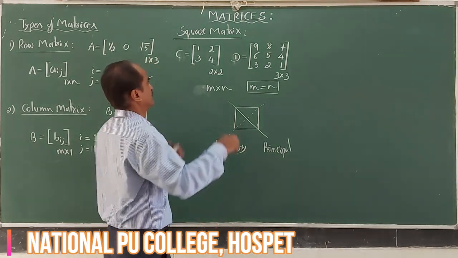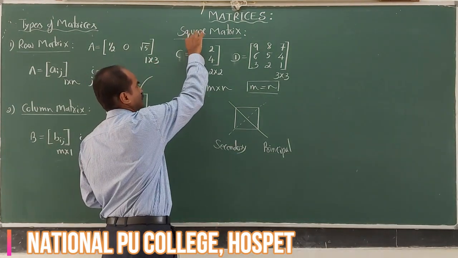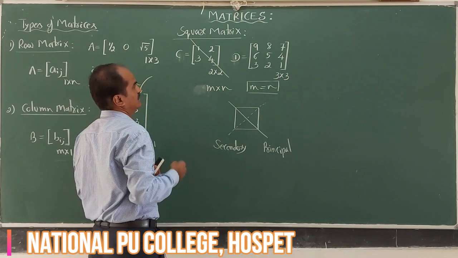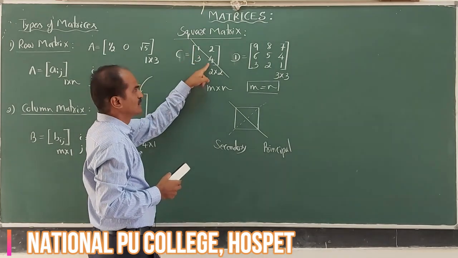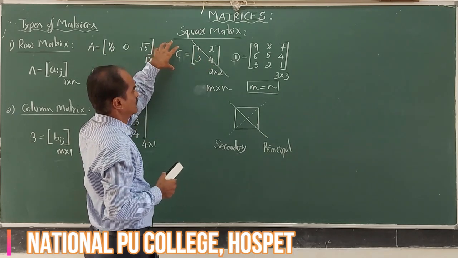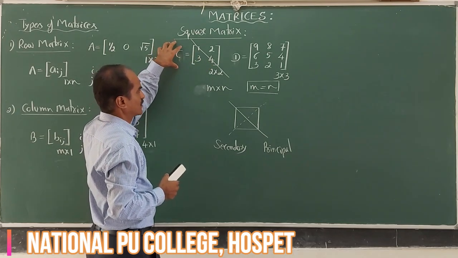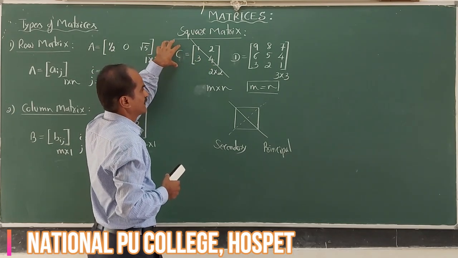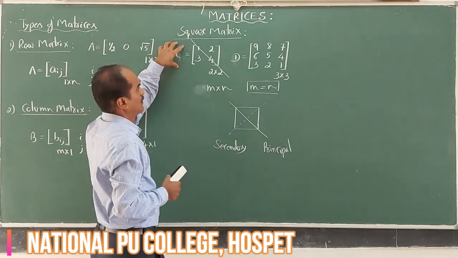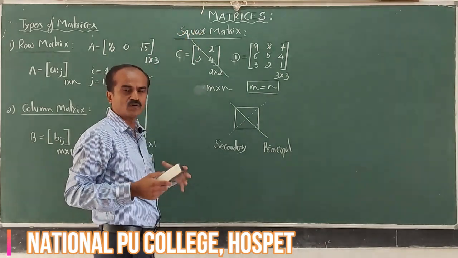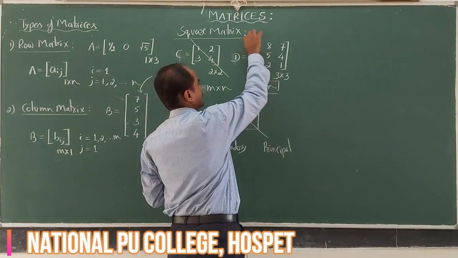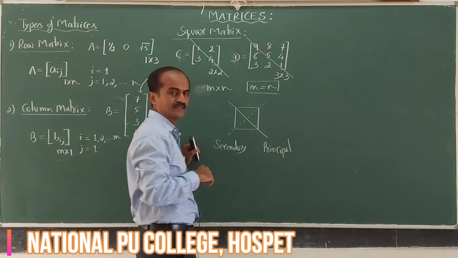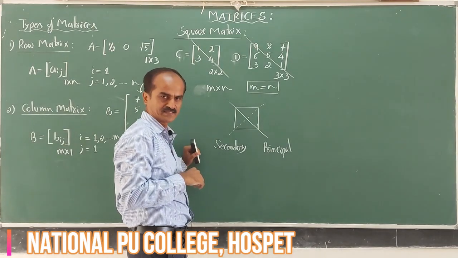Now, let us take this matrix. Draw the principal diagonal. Which elements are lying along this line? 1 and 4. So, 1 and 4 elements of this matrix are called the diagonal elements of the matrix C. What about 3 and 2? They are called non-diagonal elements. Whereas in the case of matrix D, it is a 3 by 3 matrix.